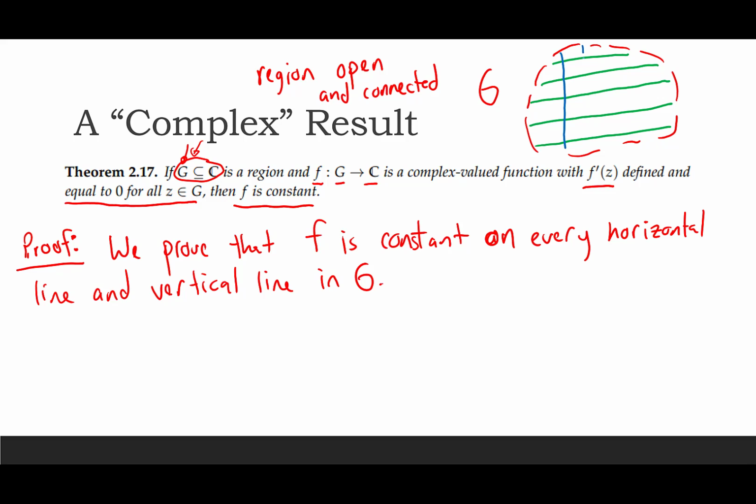You might notice that they're crossing, right? That's totally intentional. We do need these to intersect as well, for the following reason.